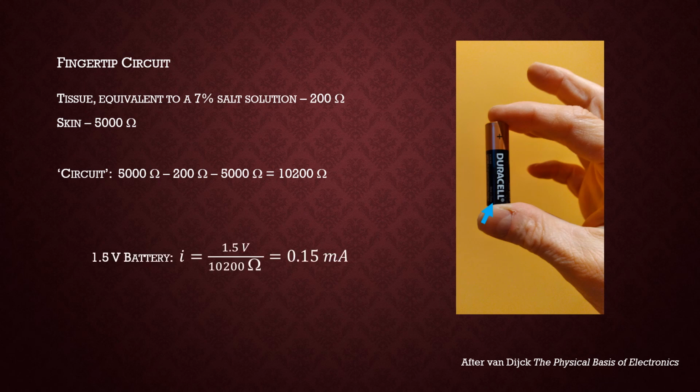If I look at the voltage of the battery itself, a 1.5 volt battery, and apply Ohm's law, I get a resultant current of about 1.15 milliamps, which is nothing really, it's minuscule. If I apply the same to a 5 volt battery, I get half a milliamp, still not too bad.